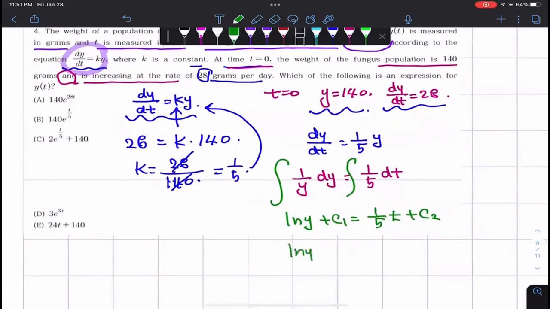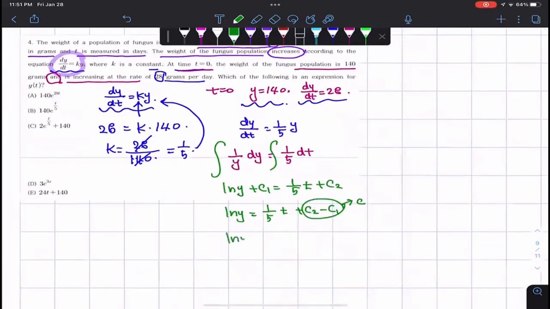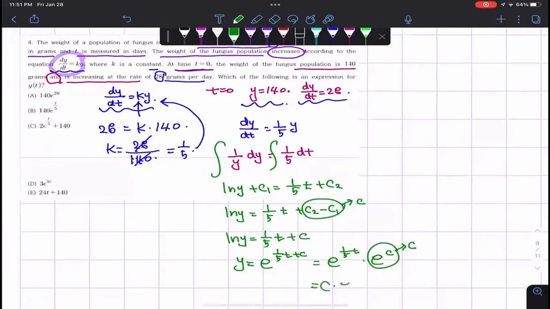So ln y equals 1 over 5 t plus c2 minus c1. This is just c. So ln y equals 1 over 5 t plus c. y equals e to the power of 1 over 5 t plus c. Separate: e to the power of 1 over 5 t times e to the power of c. That is just c. So c times e to the power of 1 over 5 t is y.